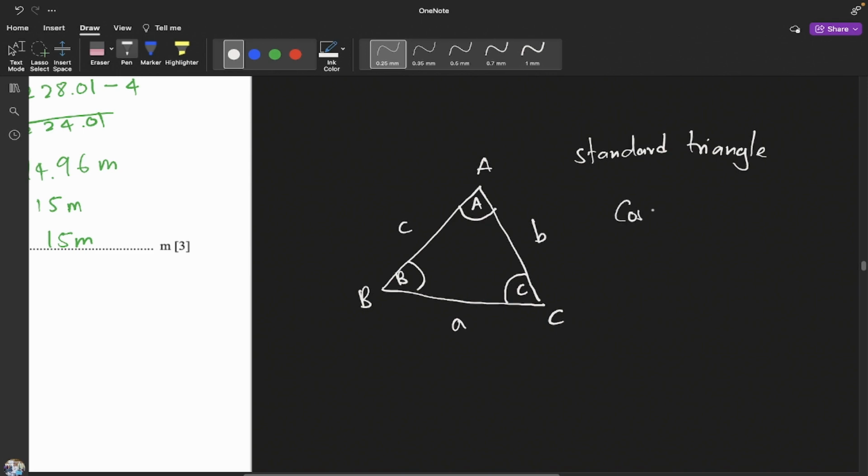The cos rule can be given: cos A is equal to the square of the other sides, b square plus c square, minus the opposite side, a square, divided by 2 times the other sides, b c.